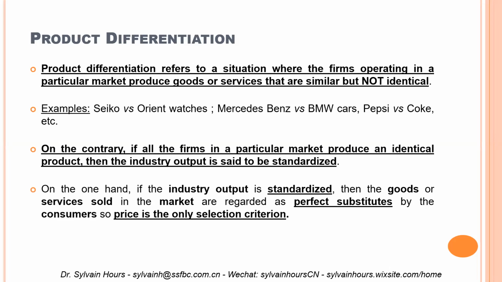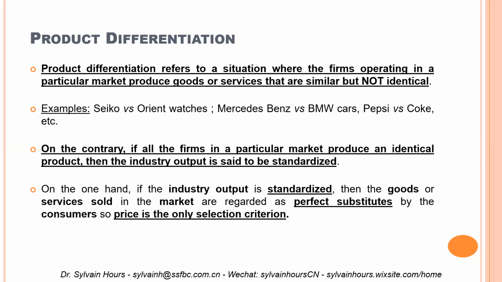So consumers will regard these two products as perfect substitutes, and something that is very important, especially when we start talking about perfect competition, in this case, the only thing that matters to the consumer is the price. Nothing else matters, simply because there is nothing that differentiates the product.